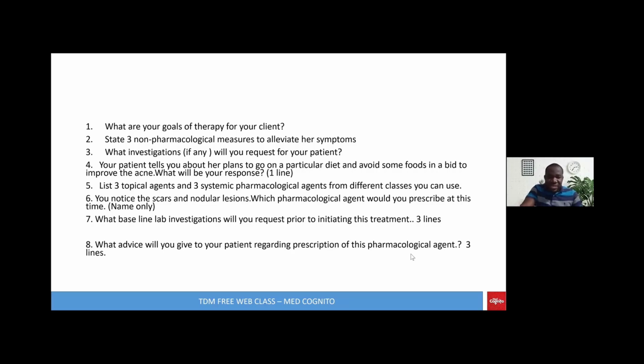List three topical agents and three systemic pharmacological agents from different classes you can use. So three topical and three systemic, and these should all be from different classes. So maybe you can type in, okay. State whether it's topical or systemic when you are giving your answer.